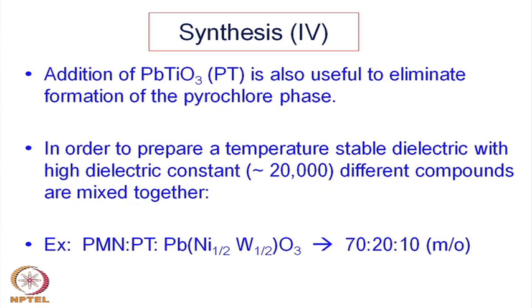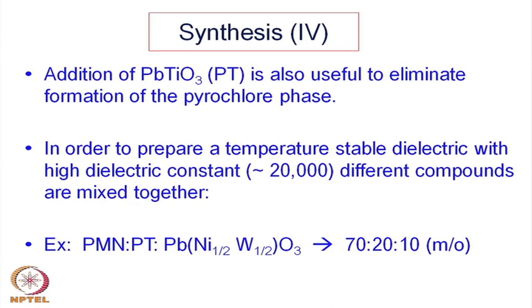In order to prepare a temperature stable dielectric with a high dielectric constant of about 20,000, that is the peak dielectric constant, different compounds are mixed together, primarily to stabilize the perovskite phase.